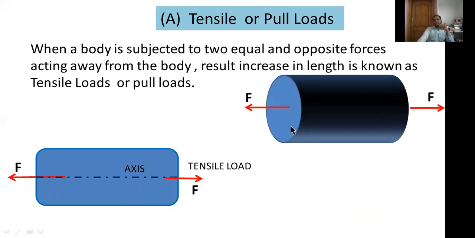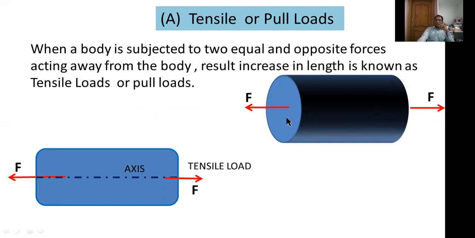Here you can observe, this is a component, and here the load is acting on the body. Here two equal and opposite pull loads are acting on the body. These two have the same magnitude but opposite direction.